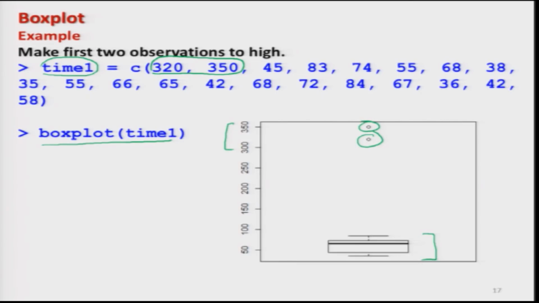These values are unusual because they are very far away from the remaining data. All our data is lying between 50 and 100 here, whereas these two values are lying between 300 and 350.